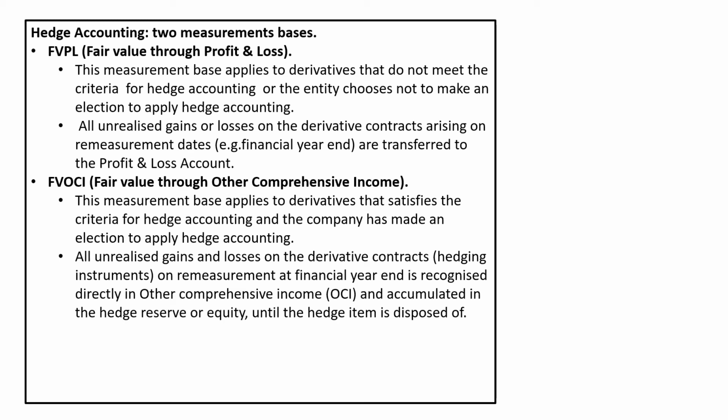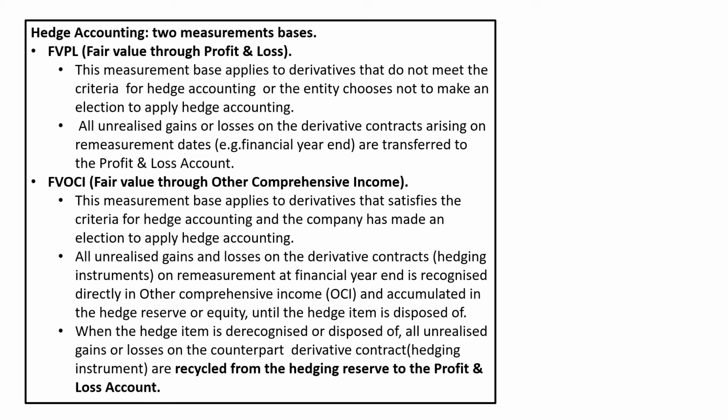All unrealized gains or losses on the derivative contract, the hedging instrument, on remeasurement at financial year end are recognized directly in other comprehensive income and accumulated in the hedging reserve in equity until the hedged item is disposed of. When the hedged item is derecognized or disposed of, all unrealized gains or losses on the counterpart derivative contract, the hedging instrument, are recycled back from the hedging reserve to the profit and loss account.